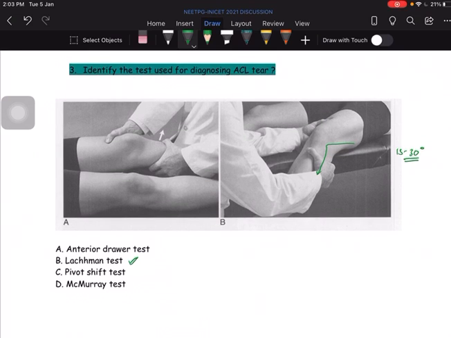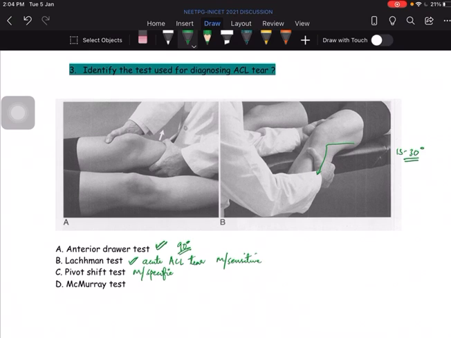Lachman test uses a very small amount of flexion of the knee joint, so there is less pain during the provocative test. So this can be used in patients who have acute injury, in acute ACL tear, and hence it is the most sensitive test. Whereas the most specific test is the pivot shift test, and the anterior drawer test is the most commonly used test, where you flex the knee at 90 degrees.